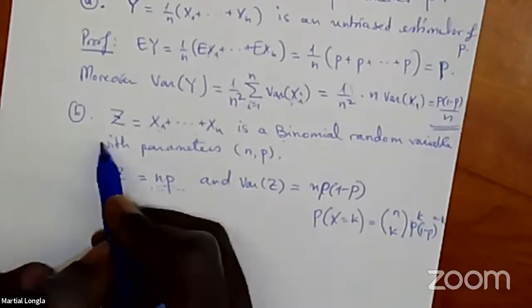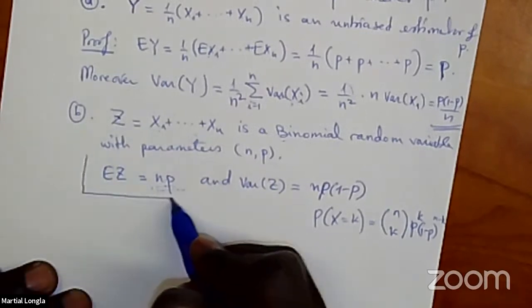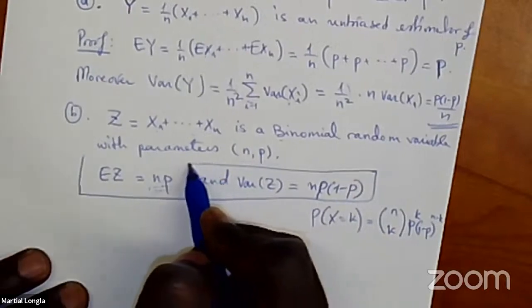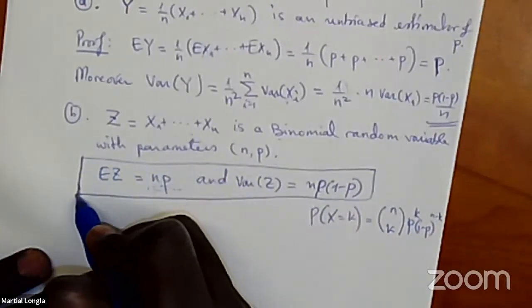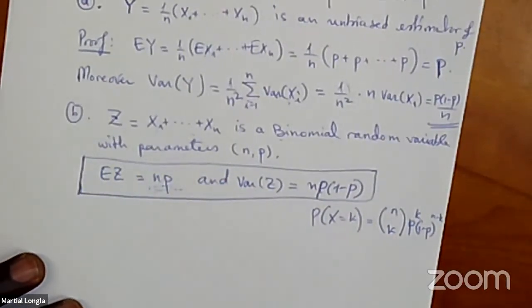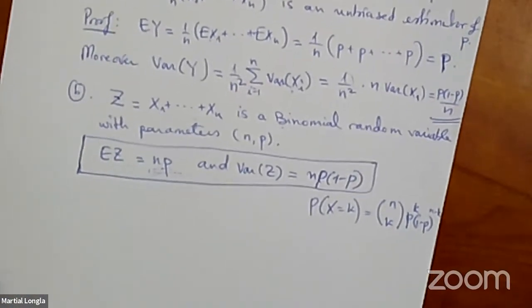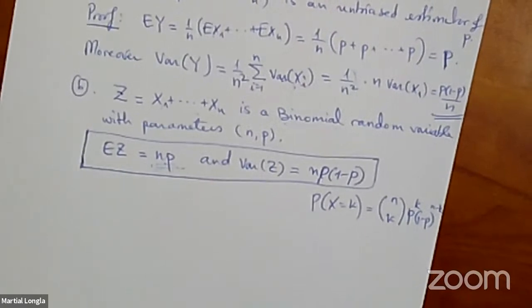So the expected value of the binomial is np, and the variance is n times p times 1 minus p, and I don't need to compute the sums to get it. Any questions?